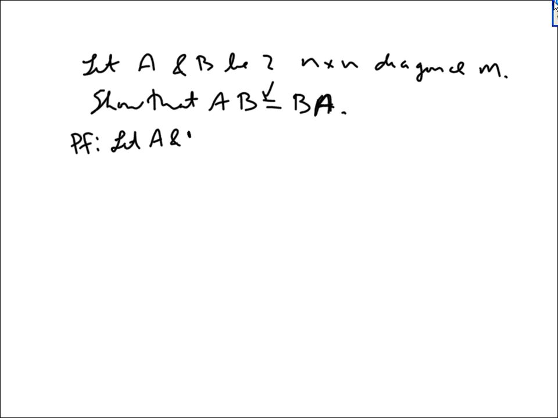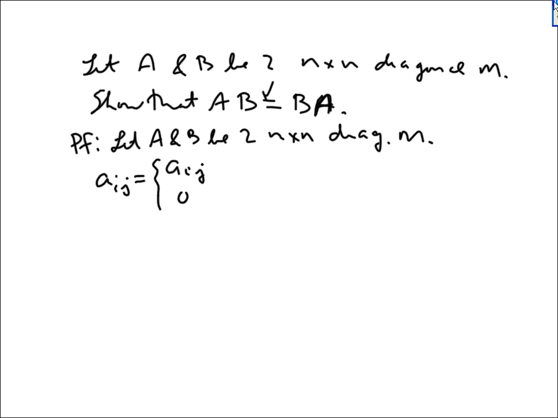Let A and B be two n by n diagonal matrices. So Aij is going to equal 0 if i and j are different.